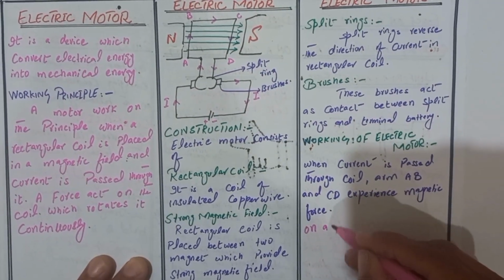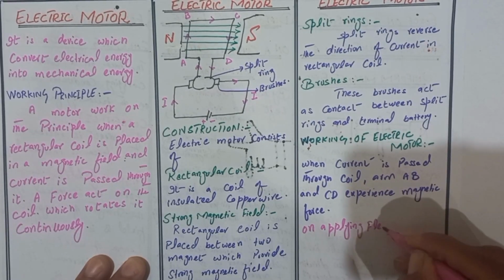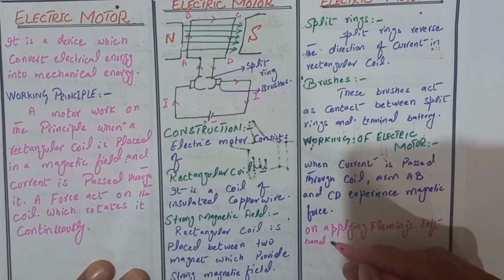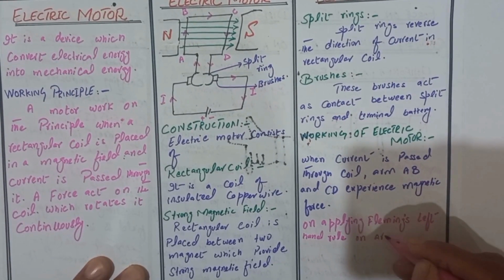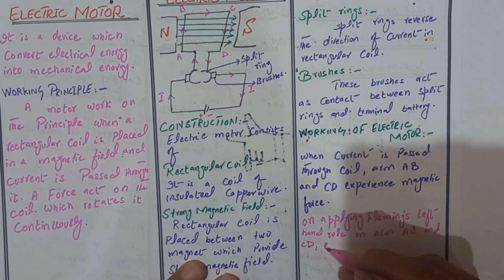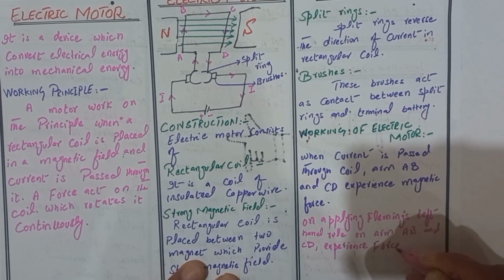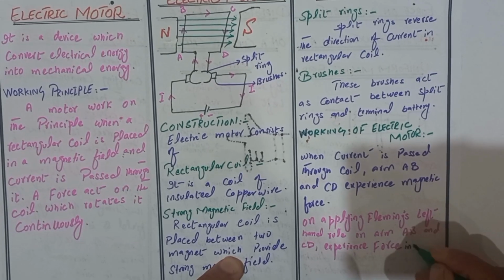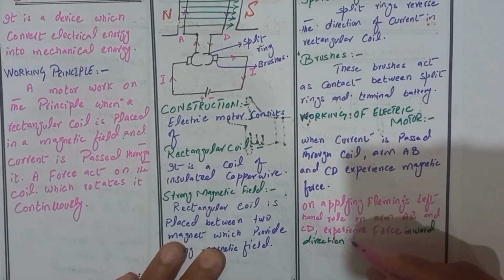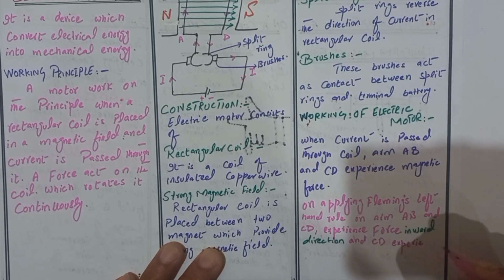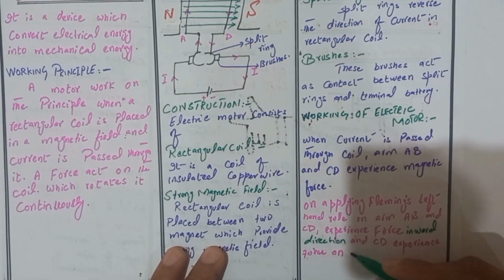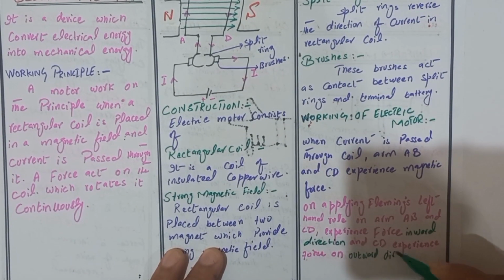On applying Fleming's left hand rule, arm AB experiences force in the inward direction and arm CD experiences force in the outward direction.